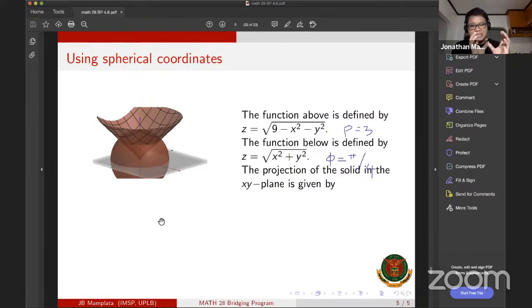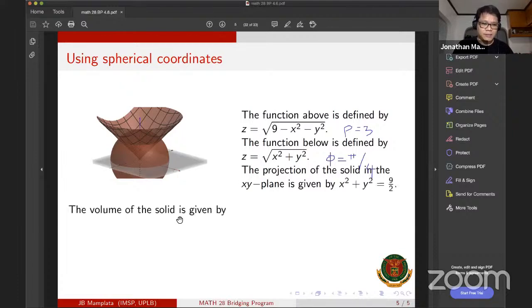Then yung integrand natin is x squared plus y squared plus z squared. And in spherical coordinate system, that is rho squared. So this should give you the volume of the solid in the spherical coordinate system.